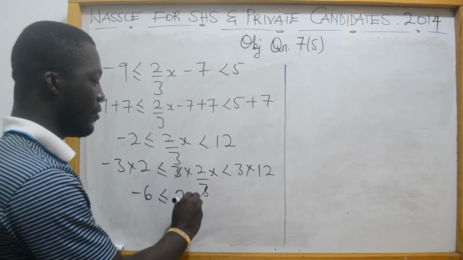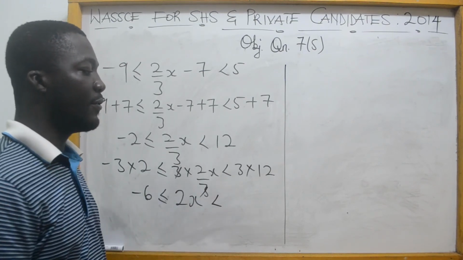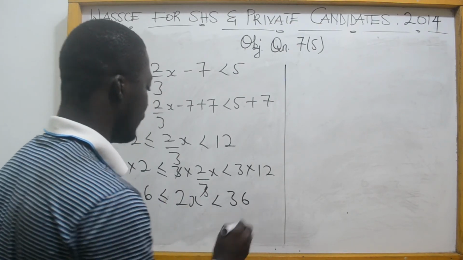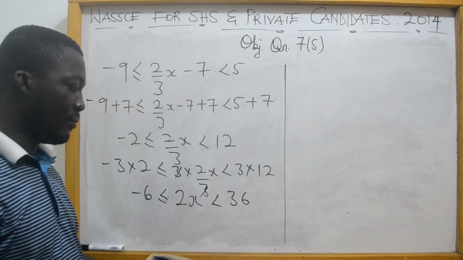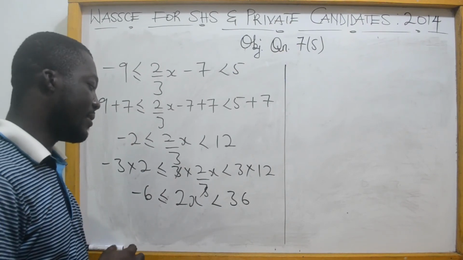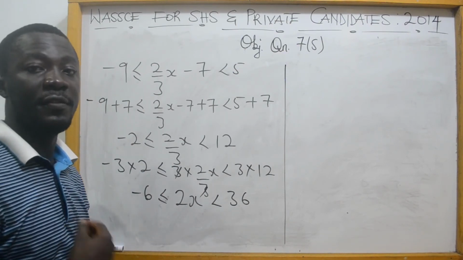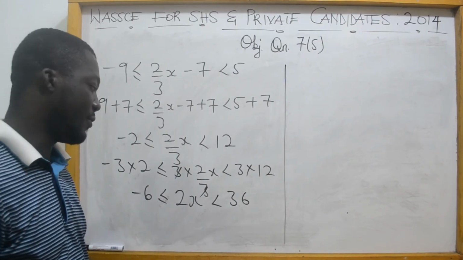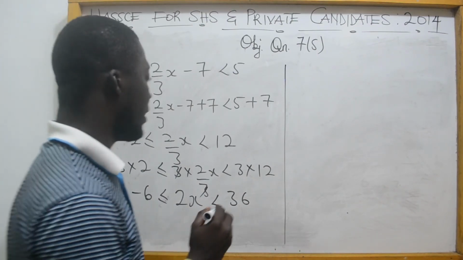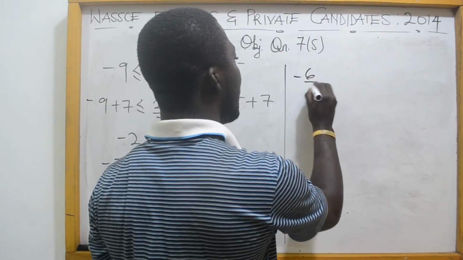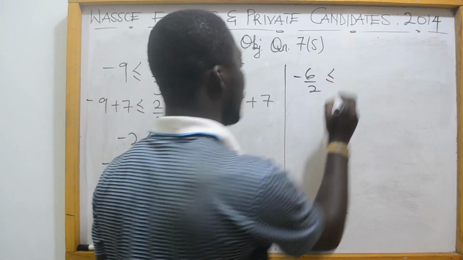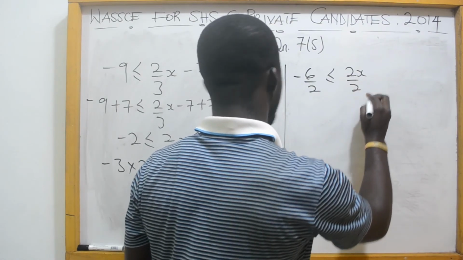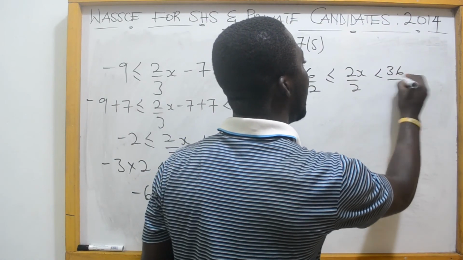We are left with 2x < 12 times 3 is 36. Now, to make x stand alone, we have to divide the sides by the coefficient of x, which is 2. We're going to get -6/2 ≤ 2x/2 < 36/2.